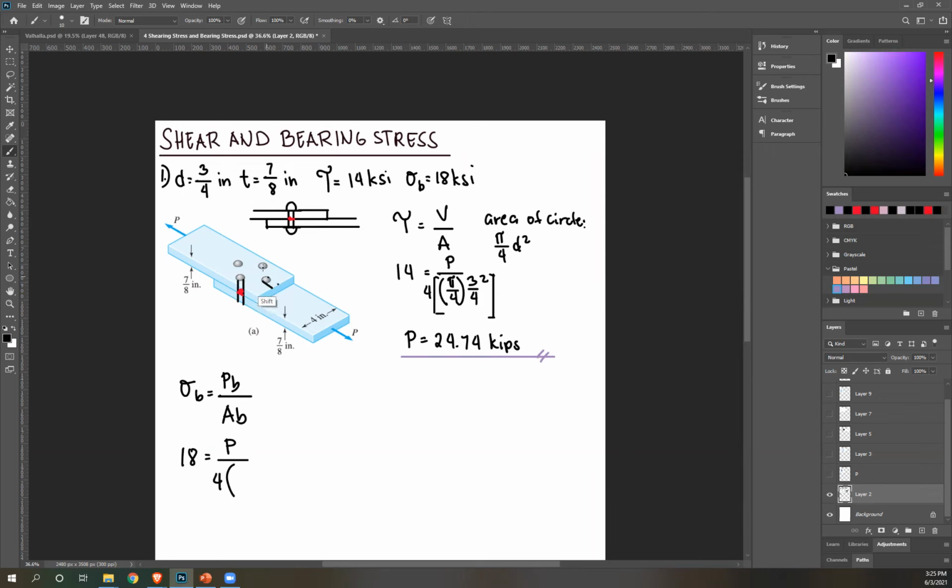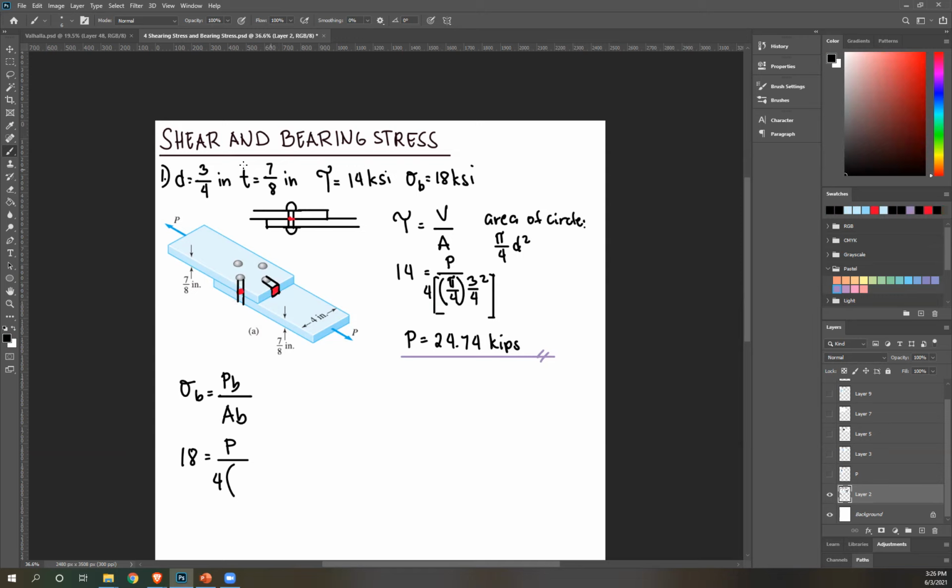So this is our projected area. That is a rectangle or a square. And then the dimensions of that are shown in the drawing. So this base is equal to the diameter of the rivet, right?